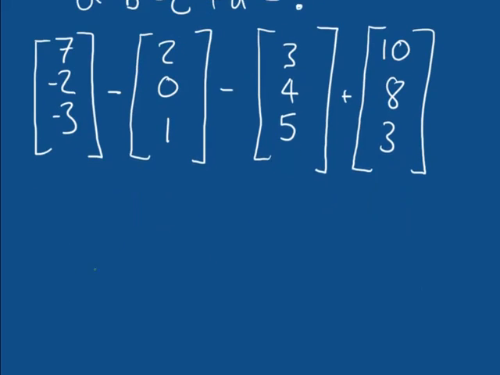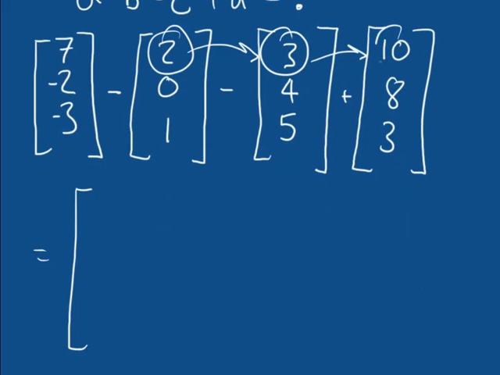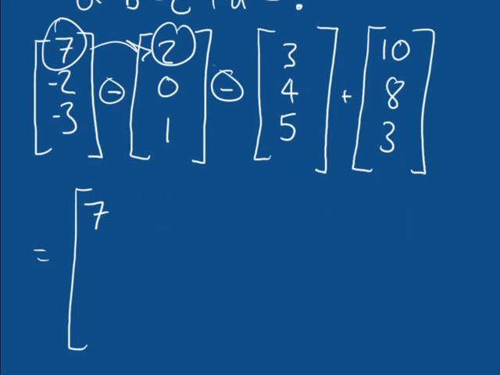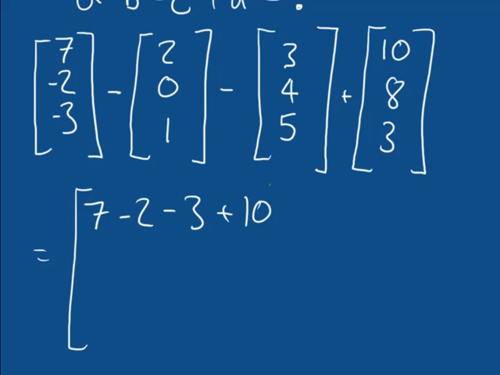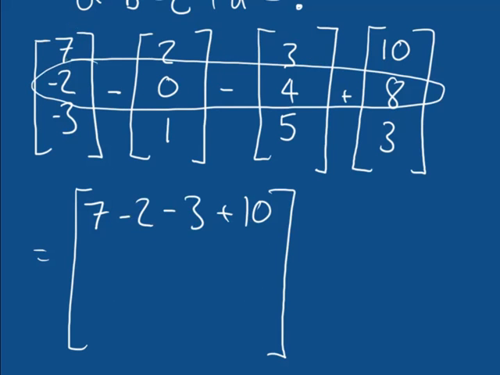So that means our resultant vector is going to be equal to 7 minus 2 minus 3 plus 10 for the first component. Working from left to right, 7 minus 2 minus 3 plus 10. For the second component of our resultant vector, we're interested in the second components of our vectors.